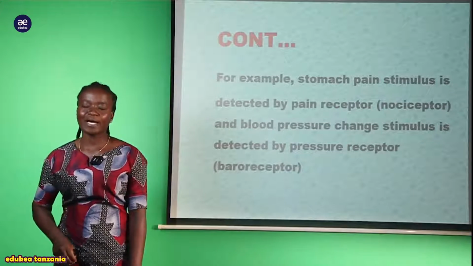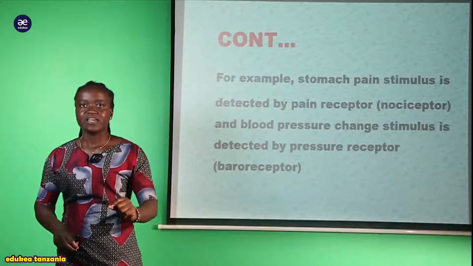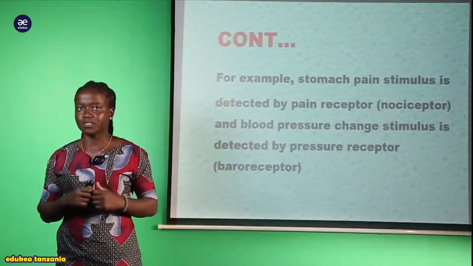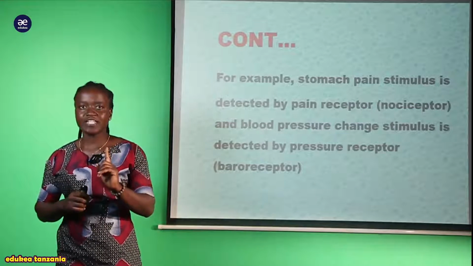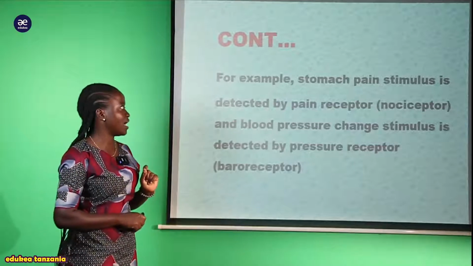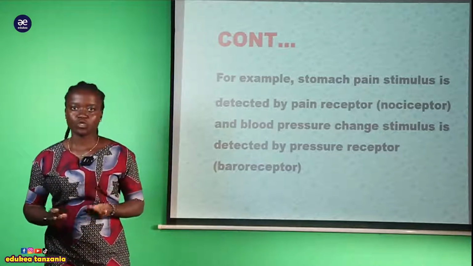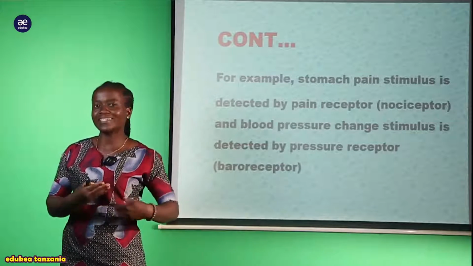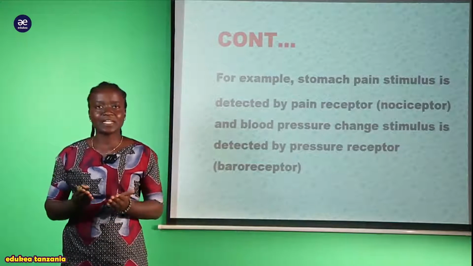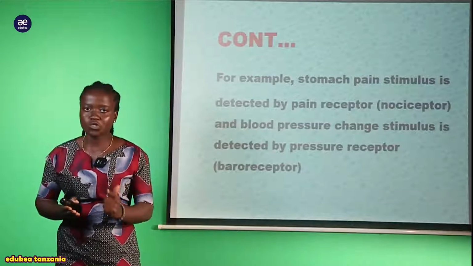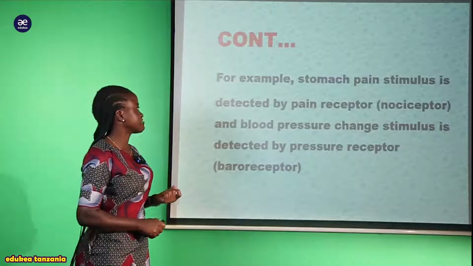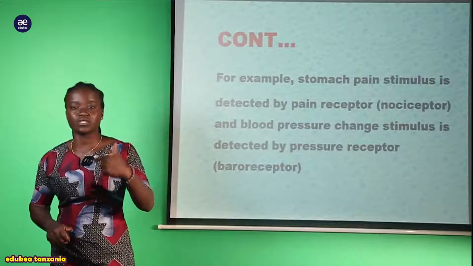So tumesema kwamba hizi interoceptors are the receptors which are found within the body of an organism. For example, tunayo hii stomach pain. Mtu unakuwa unahisi maumivu ya tumbo. Sasa unawezaje mpaka ukadetect hapa nina maumivu ya tumbo? It is due to the presence of the nociceptors or pain receptors which are found within your stomach.